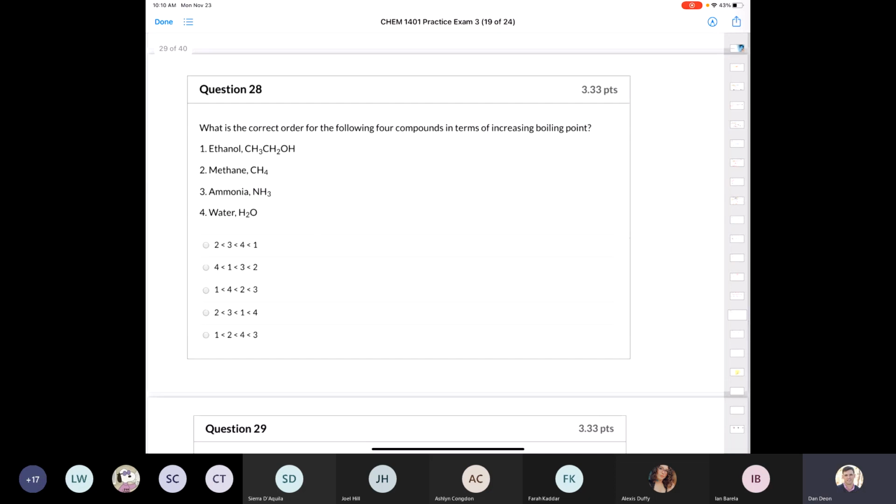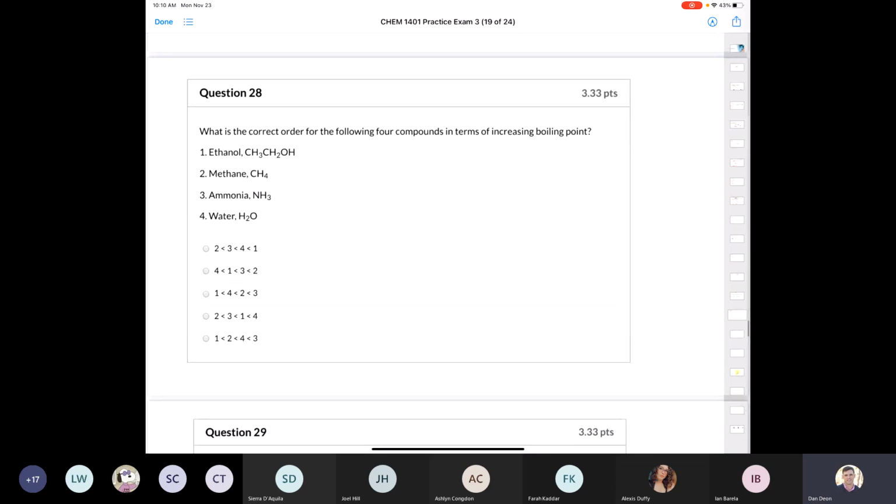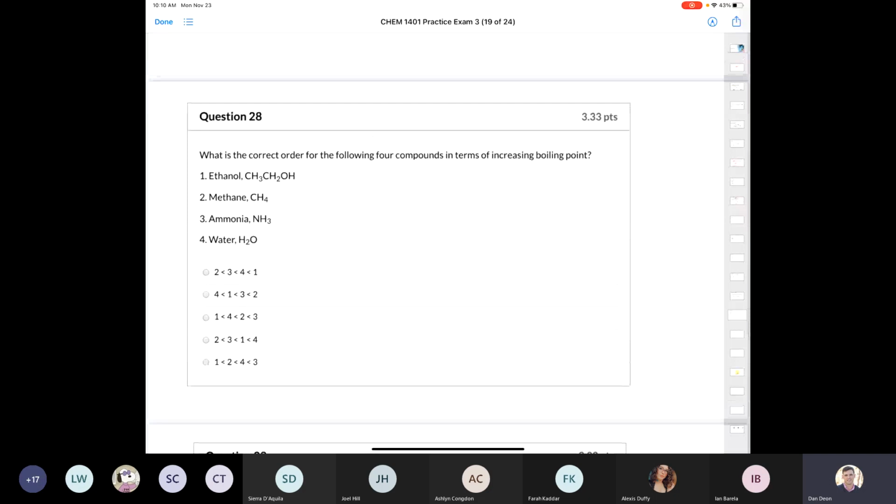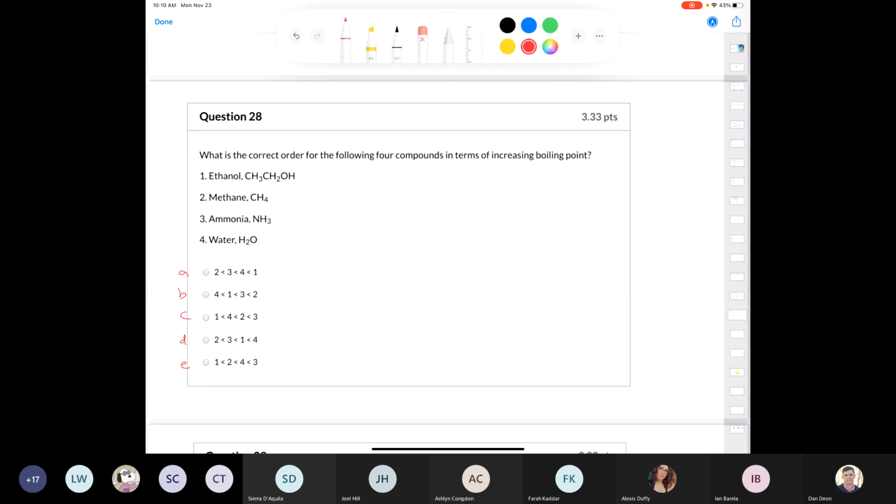Number 28. What's the correct order for these? If we label these, I'm going to give you guys a second to look at it and see if somebody can come up with the correct answer.